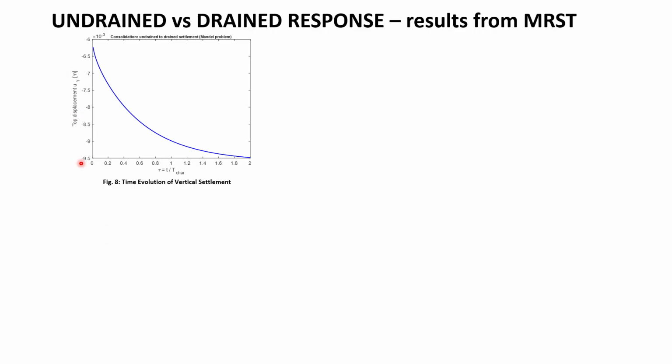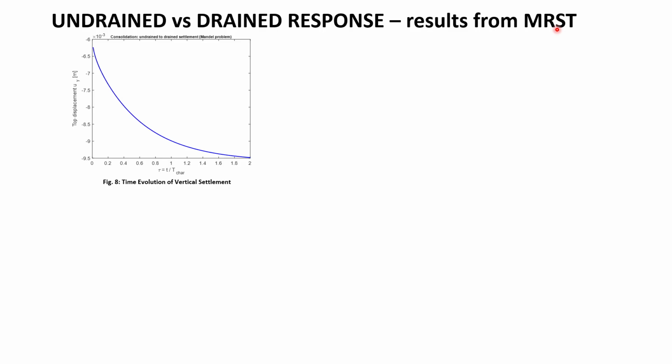On the y-axis we have vertical displacement at the top, which we call uy. A more negative value of displacement equals more settlement.